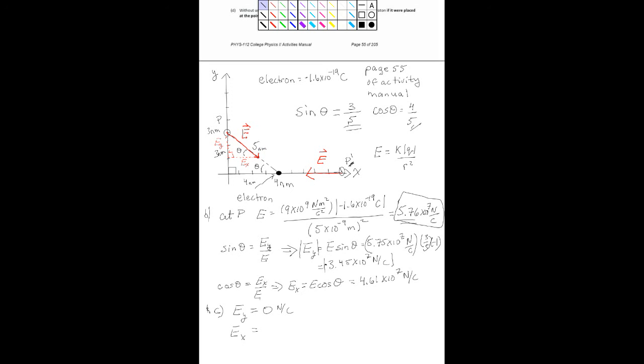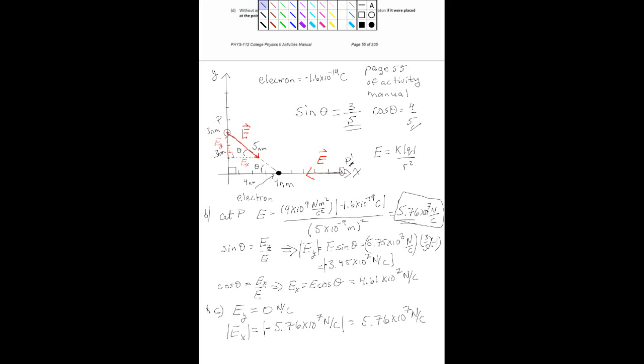And since the y component is 0, the x component is just the magnitude of the electric field, but this vector is pointing to the left, so the x component is going to be negative, and it's 5.76 times 10 to the 7 newtons per coulomb. And of course, the question does ask for the magnitude, so you can just take the absolute value and you'll get something positive, 5.76 times 10 to the 7 newtons per coulomb.